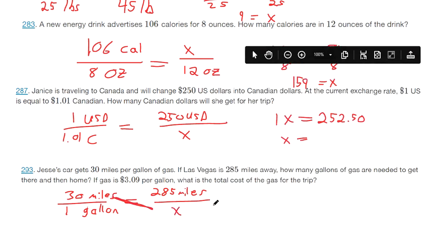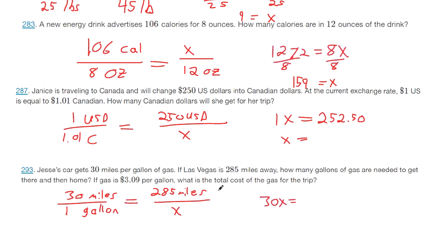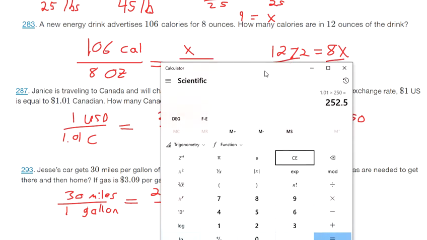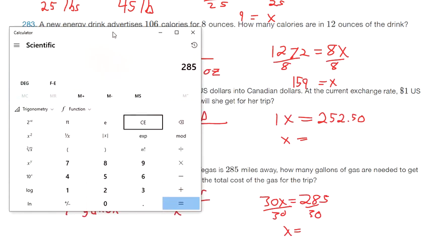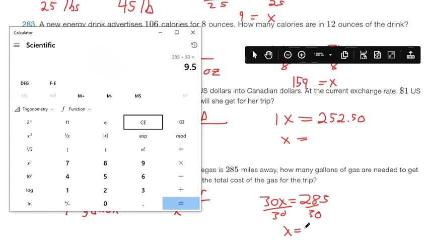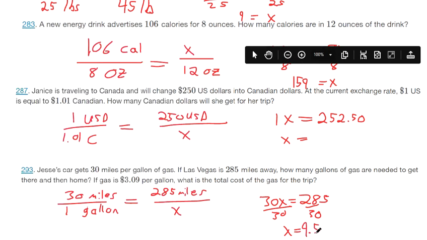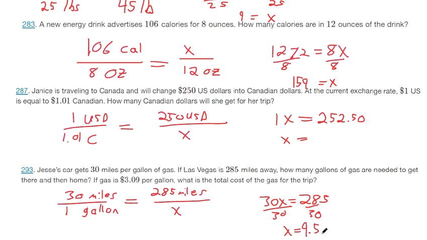So we'll cross multiply. 30 times x makes 30x. And then 1 times 285. Just got to divide 30 from both sides. Makes 9.5. So 9.5 gallons for the 285 miles.